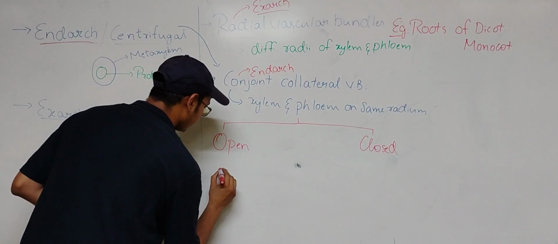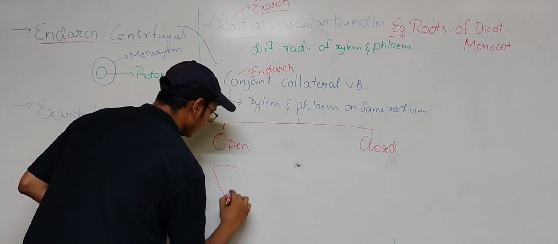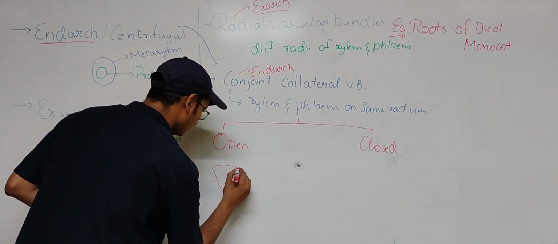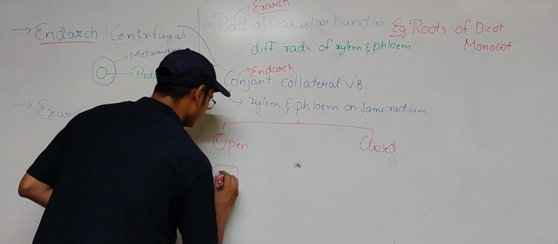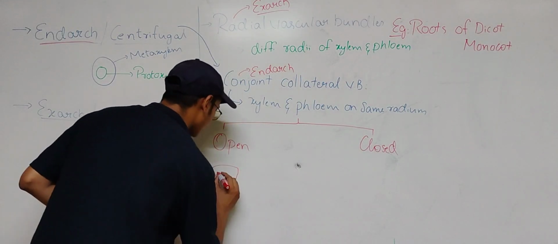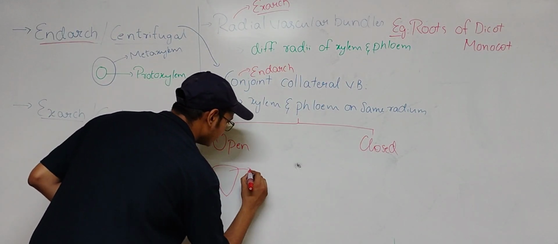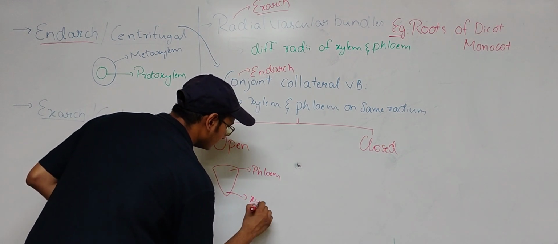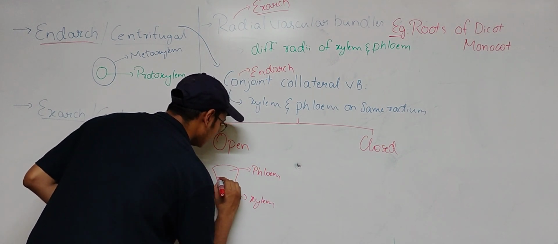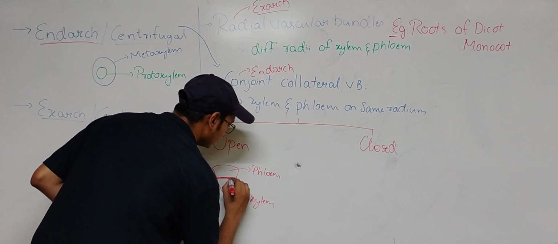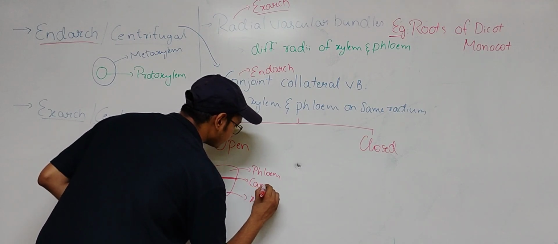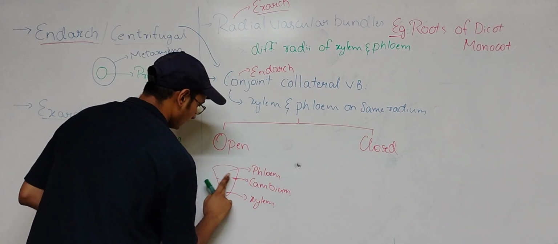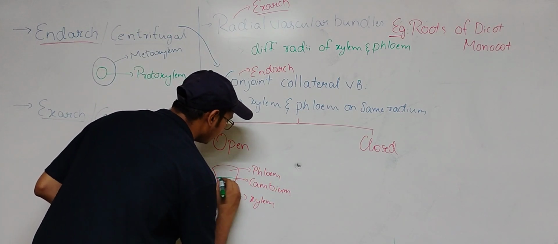In open, if we take this as a vascular bundle, this is phloem and this is xylem. In between, they have a structure called cambium, which is helpful in secondary growth.